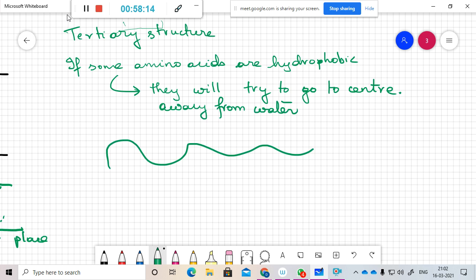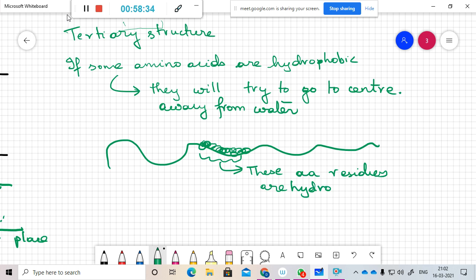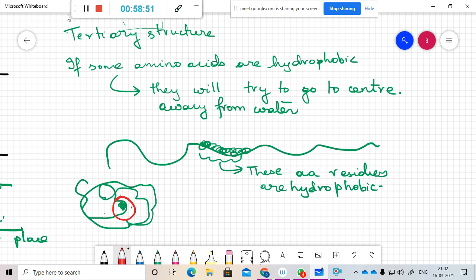So if this is a polypeptide chain, and you have these amino acids, say for example, if these amino acid residues are hydrophobic, so what happens when this protein will fold, you will always find the hydrophobic residues always will go to the center.